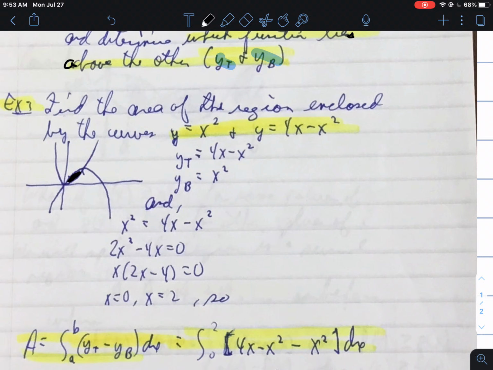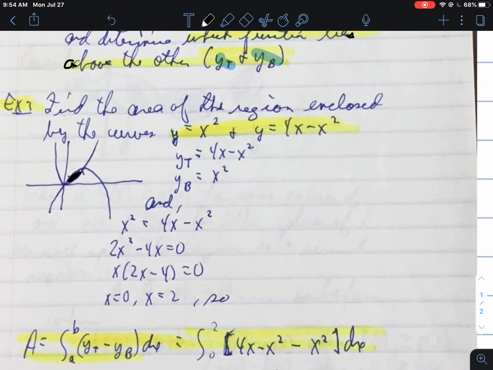So you can use your calculator to find those points of intersection. Or you could also just set the two functions equal to each other, because we know that the point of intersection would be an x coordinate for a point that's common to both graphs. So you could also algebraically just set the two functions equal to each other and solve the equation. So that's what I did here. I said x squared equal to 4x minus x squared.